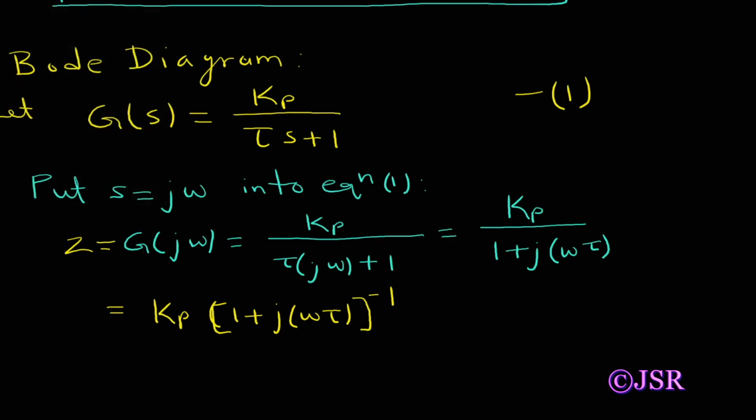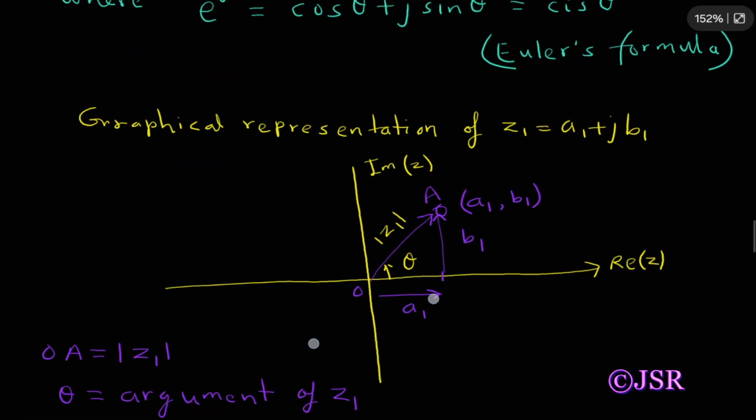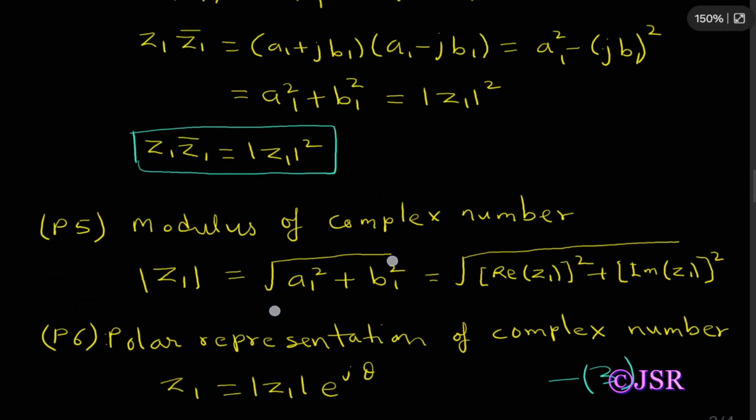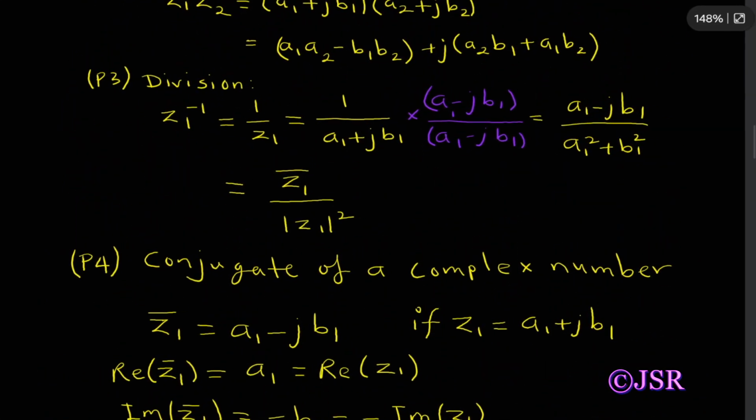And this is another complex number, let's say z1. So to find out z1 inverse, we have to use the properties, and we know that z inverse can be written as 1 upon z1, which will be equal to z1 bar upon z1 mod square.